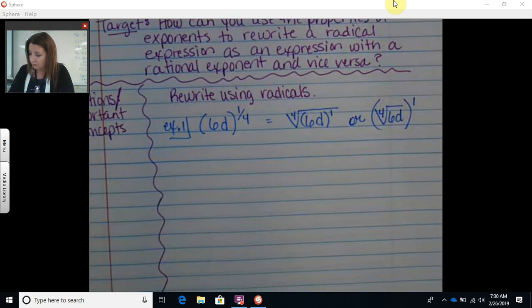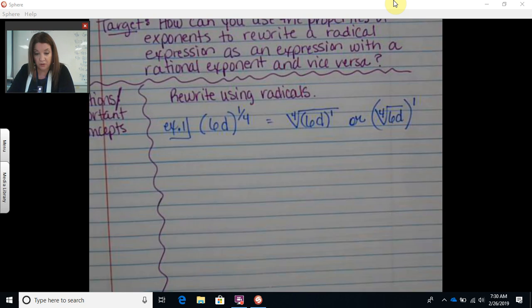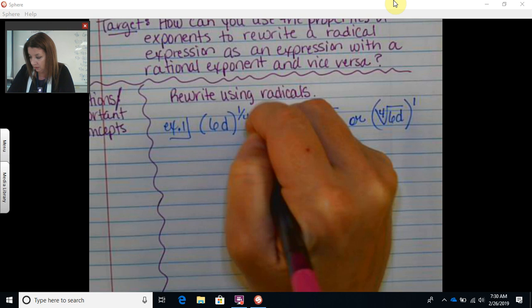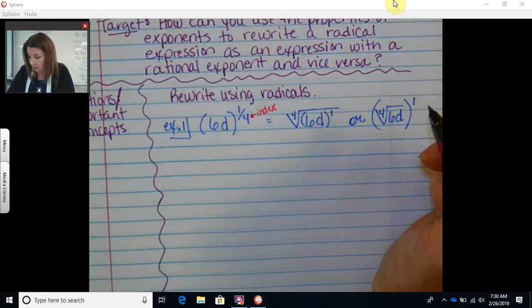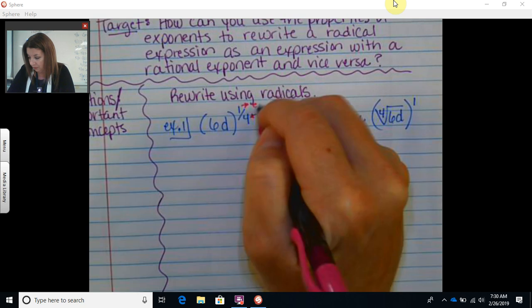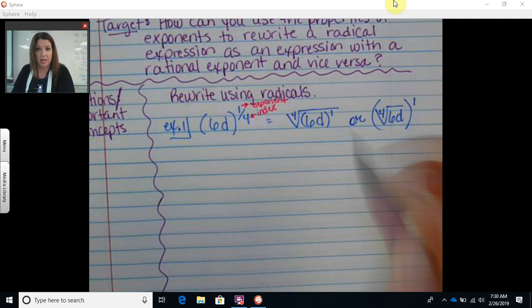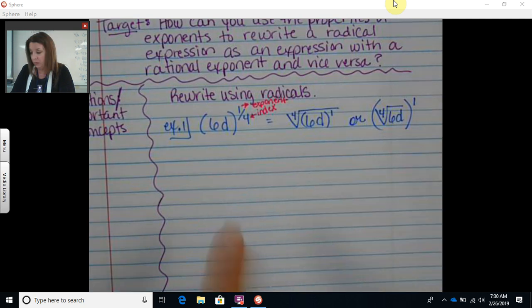So the 4, or the denominator, is your index. And then the numerator is the exponent of the radical. Exponent, index.